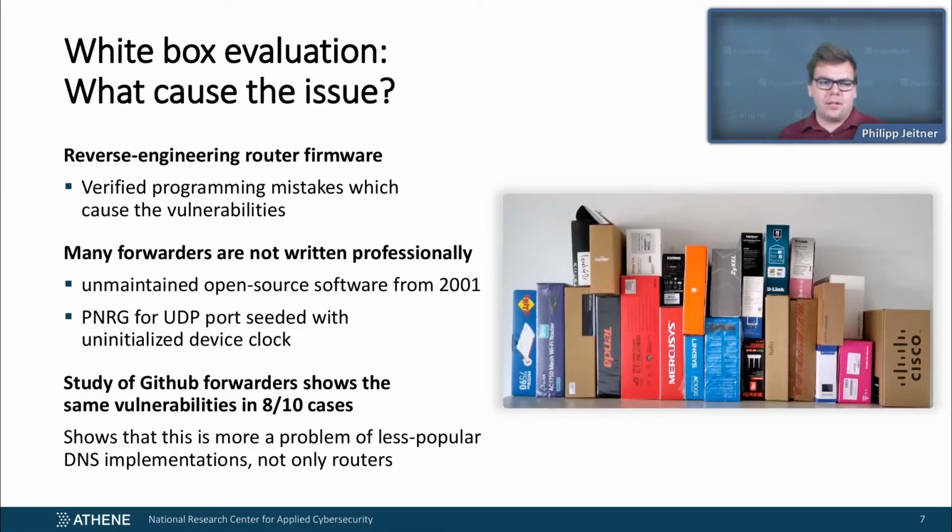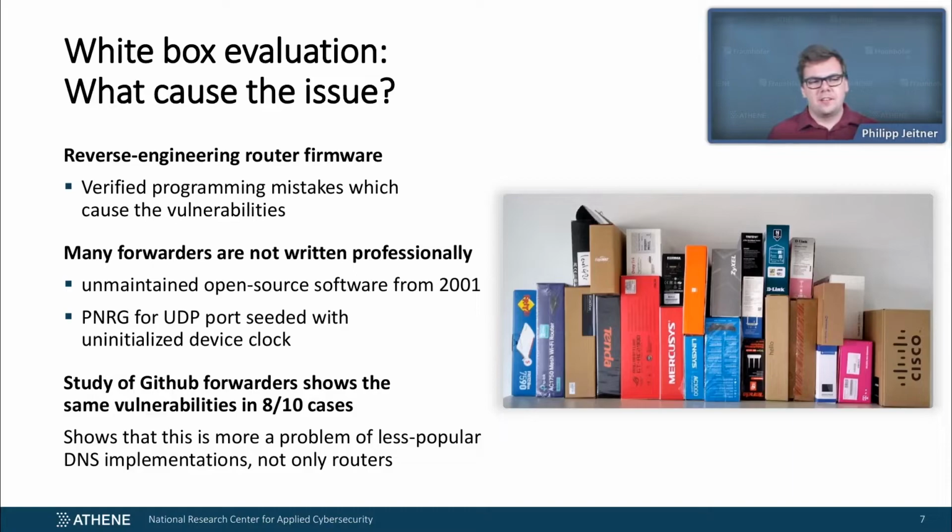Finally, we also did a study of GitHub forwarders. We searched GitHub for DNS forwarders, which aren't big implementations but small ones. Some developers wrote them maybe to learn something, or for some special application. We found that they contain the same vulnerabilities in 8 of the 10 cases we tested.